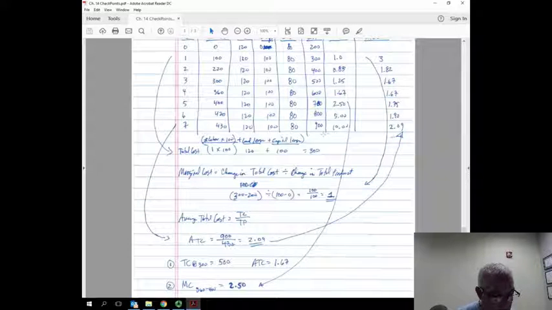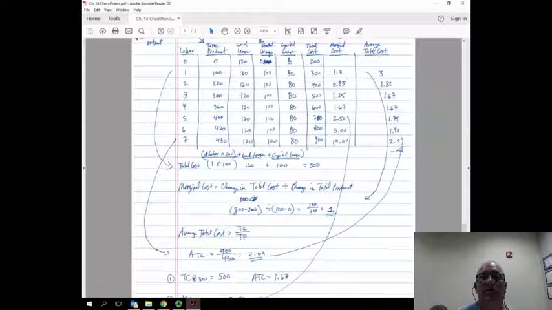And third, it asks what output is Tom's average total cost at minimum. Again, we'll look at our average total cost column, and again, this is total cost divided by total product. And I did one, for example, here at the very last one at labor of 7. The average total cost would be the total cost divided by the total product of 430.